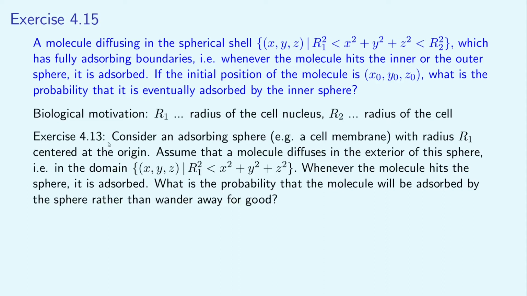In exercise 4.13, r1 is the radius of the entire cell. We consider an adsorbing sphere with radius r1 centered at the origin and assume that a molecule diffuses in the exterior of this sphere. So it can be a signaling molecule which can interact with the cell surface.